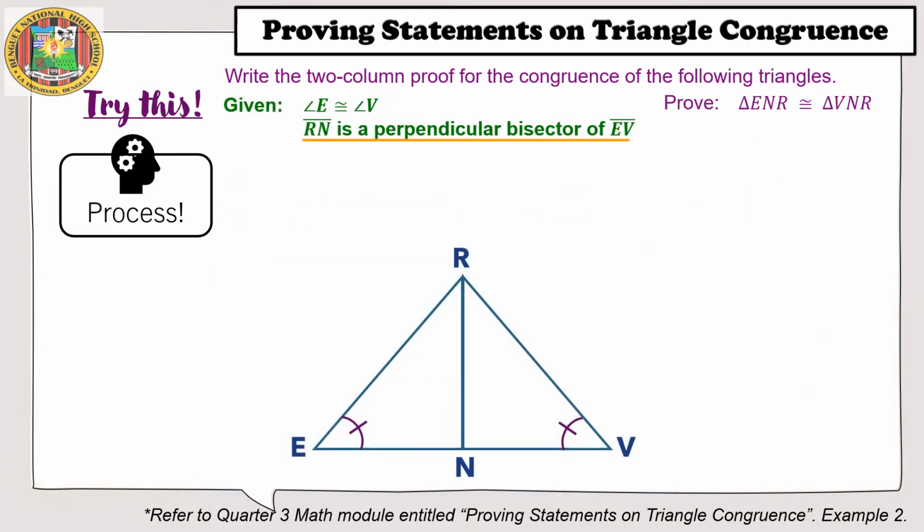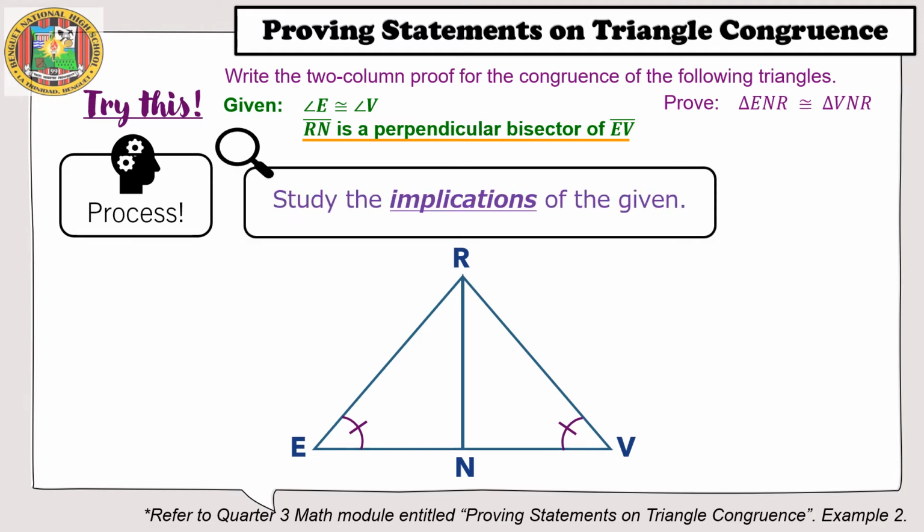Thus, to help us prove the congruence of the triangles, we need to study the implications or the suggestions made by the given information. The first statement, angle E is congruent to angle V, easily shows which angles on the triangles are congruent. The second statement does not state which parts are congruent, but because segment RN is a perpendicular bisector of segment EV, we can deduce the following.